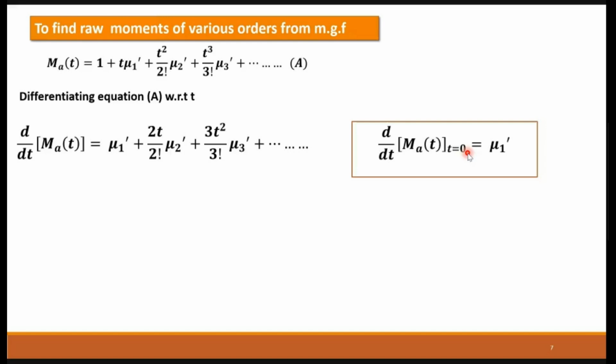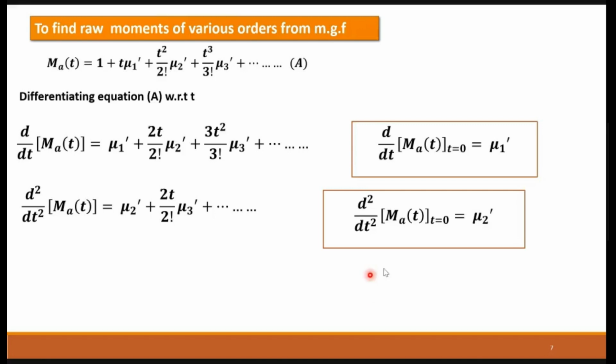So d by dt of M_a of t at t equal to 0 is μ1 dash. ठीक है. अगर हम इसको और एक बार differentiate करेंगे, अगर second time differentiate किया तो ये वाला part 0 हो जाएगा, 2 and 2 cancel होके खाली t बचेगा, t का derivative 1 μ2 dash. फिर इसका derivative यहाँ पे लिखना है. फिर से अगर हम t को 0 put करेंगे तो we will get μ2 dash. So μ2 dash will be d square by dt square.